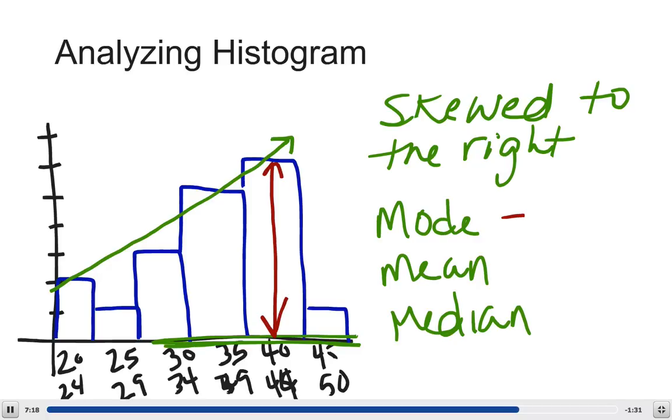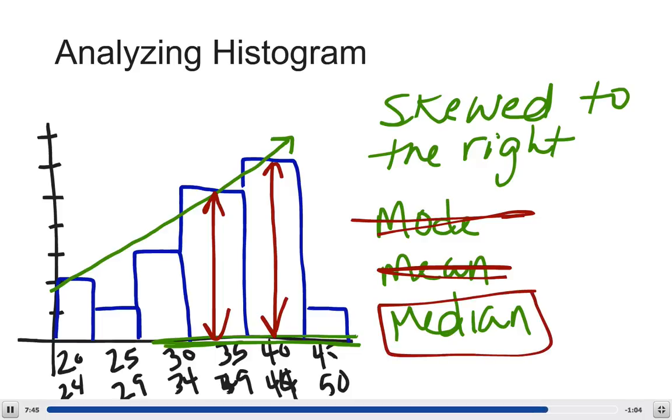We don't know the specific numbers, so we can't use the mode. Same thing happens with the mean. I know there are 5 within the 35 to 39 range, but I don't know the specific data points, so I can't use the mean because we're only looking at the histogram, not the actual data set.